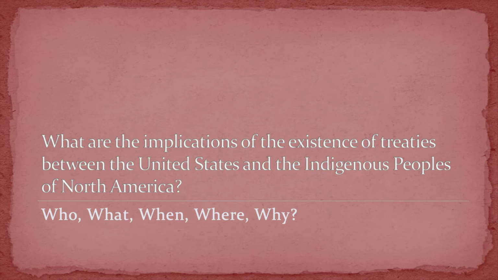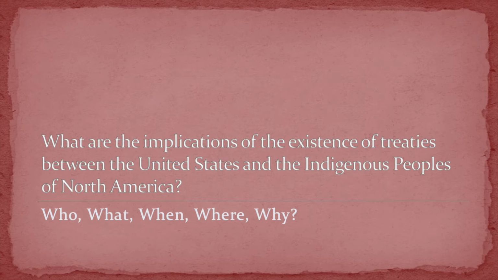I want you to think about what you know about treaties and what the implications are of the existence of treaties between the United States and the Indigenous peoples of North America. One is that originally Indigenous peoples were recognized as sovereigns, right? That's a big deal.